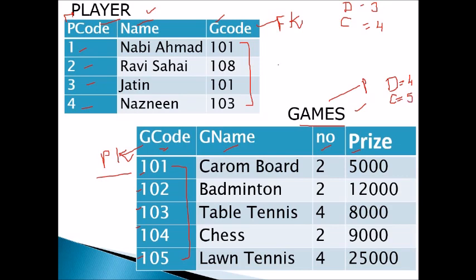Now when you find the Cartesian product, the cardinalities are multiplied. So you'll write 4 into 5. So cardinality will be the product of cardinality of the two tables, and degree will be the sum of degree, that is 3 plus 4.